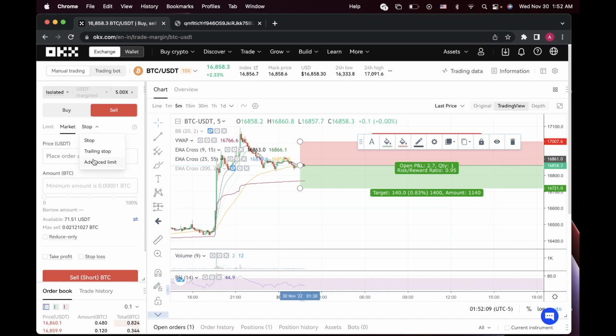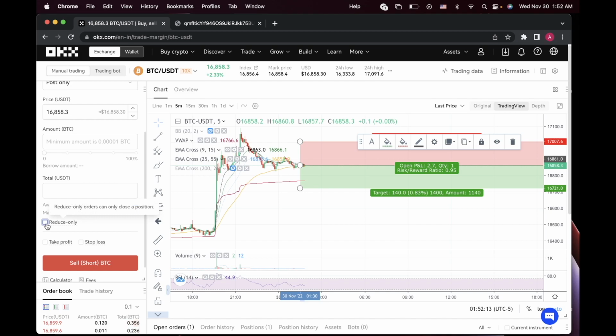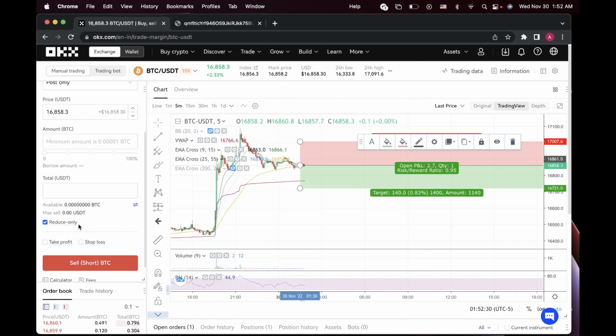If we go to the left sidebar, we can see reduce only. This reduce only helps us to close the position, and in any case, if we click something wrong, it won't give us a chance to open the position one more time.